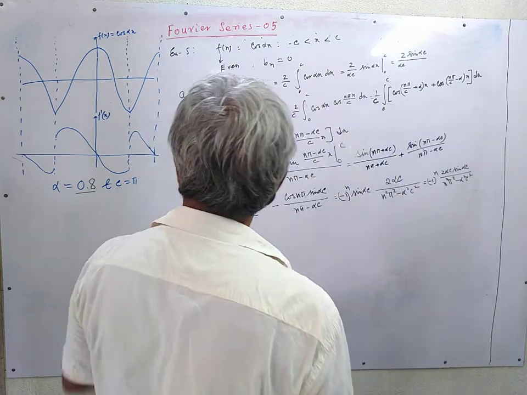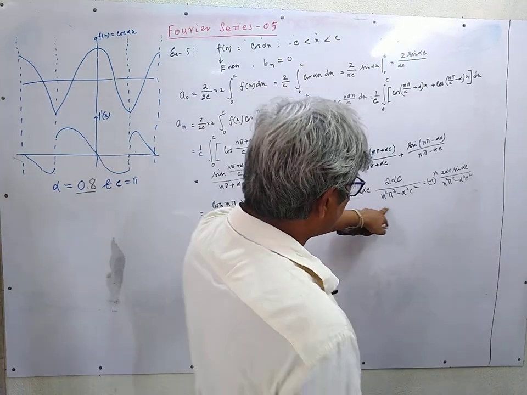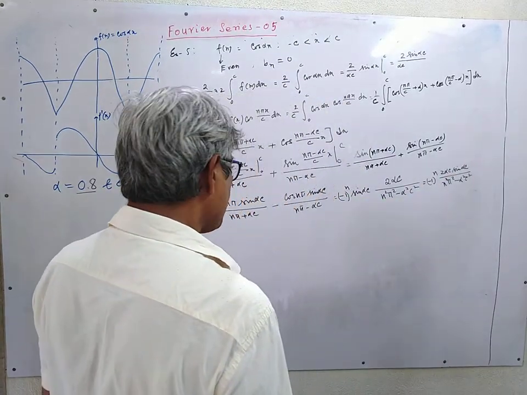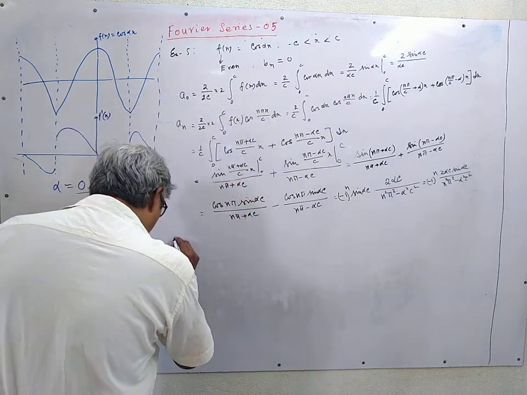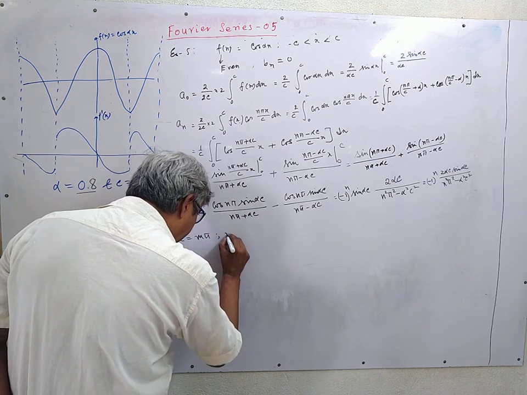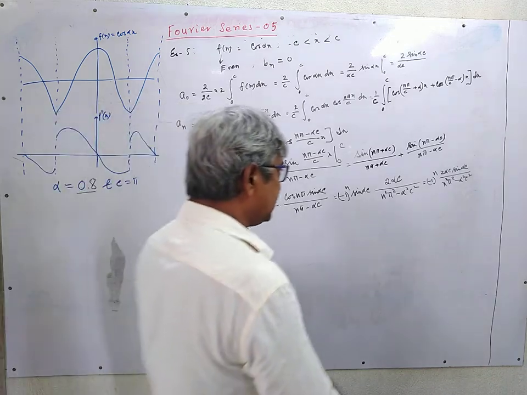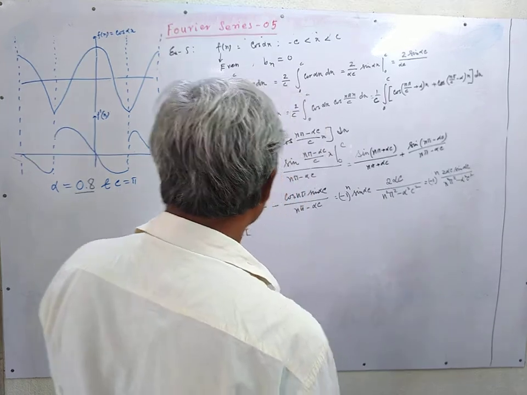You see that the function is continuous, its first derivative is discontinuous, so the dependence is in the form of 1 over n square. And another thing, if we have alpha c equal to m pi with m belonging to integers, in that case the result is 0, but this is not the correct representation.